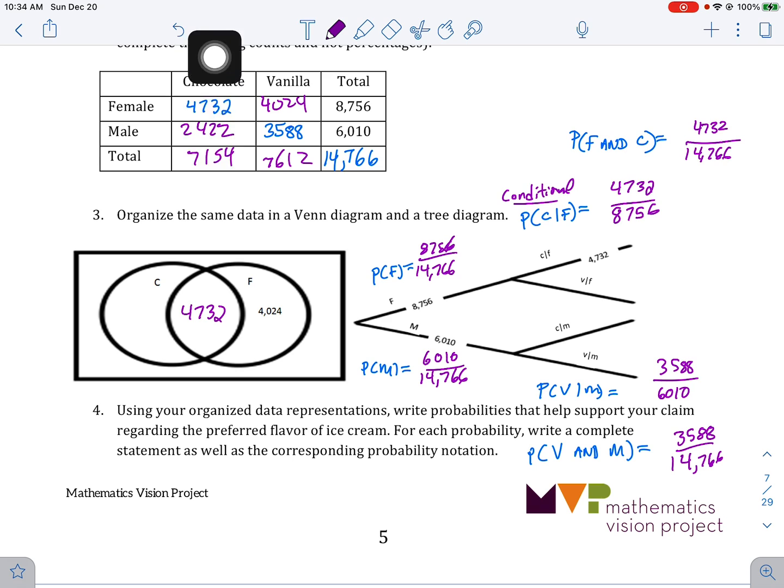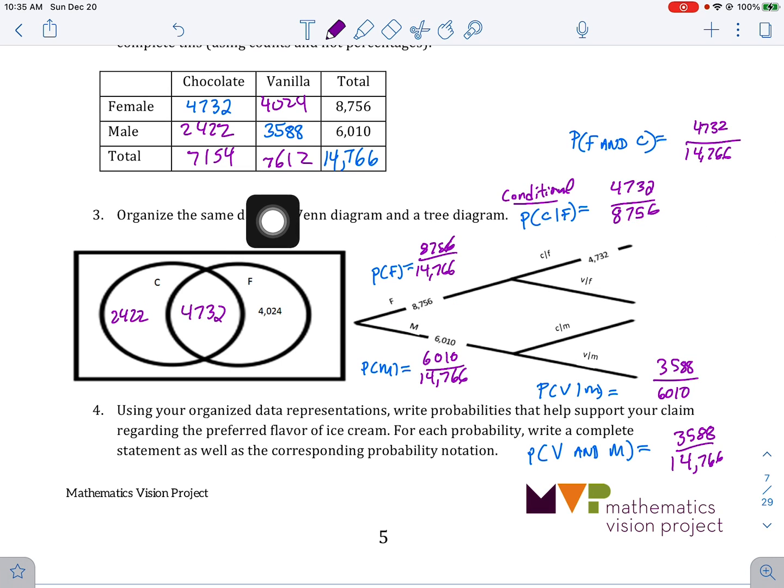So here's our chocolate, 4732 are female, 2422 are not. So then we've got our 2422. And then if we added up all three of these numbers and subtracted it from the total, we could see how much was on the outside. In other words, neither female and also not chocolate. And we could also do that calculation.